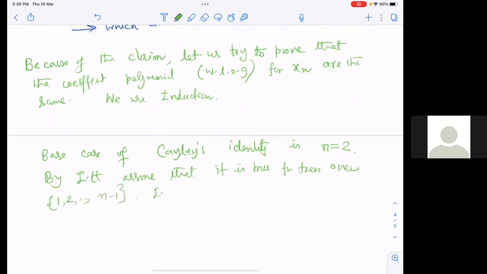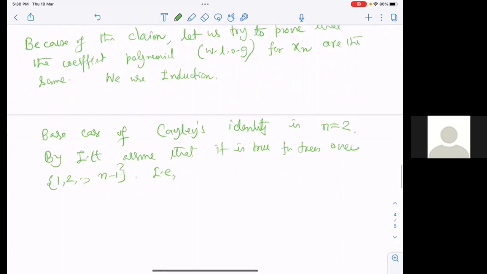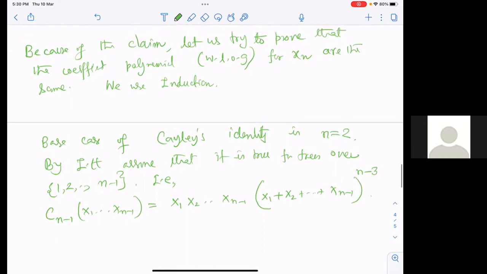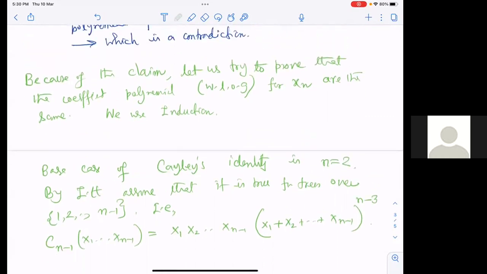In other words, we have C of n minus 1, x1 to xn minus 1 equal to the product of x1, x2, up to xn minus 1 times x1 plus x2 and so on up to xn minus 1, right?